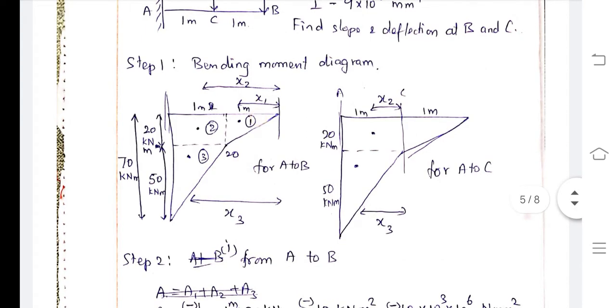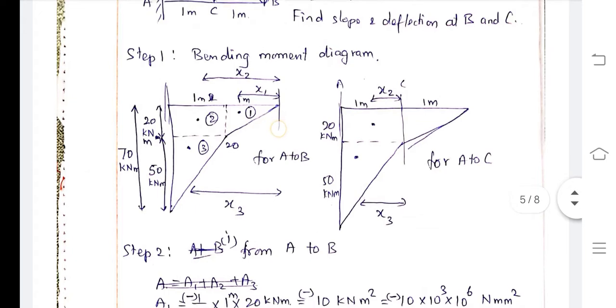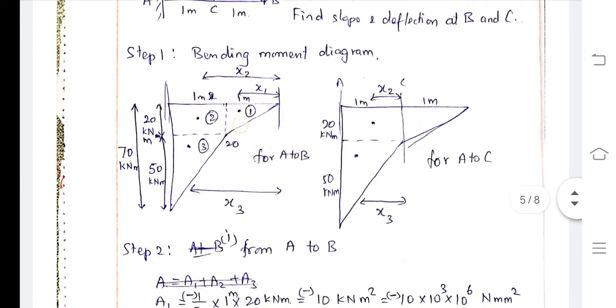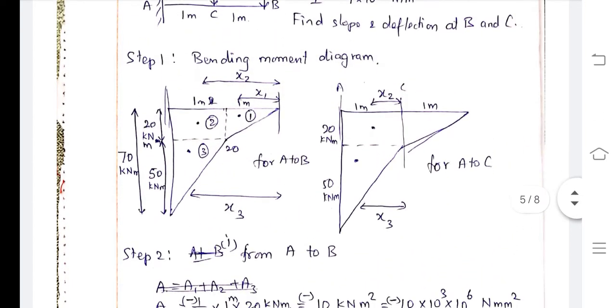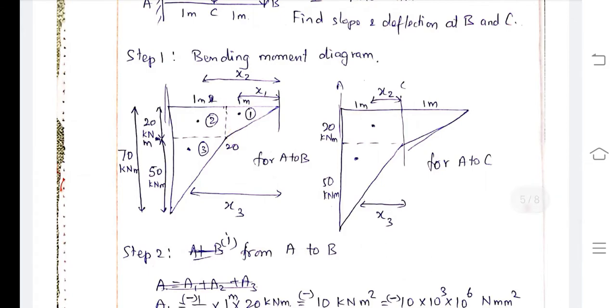For this, first we have to take the X distance from B to the corresponding CG points: for the 1 it is X1, for the 2 it is X2, and for the 3 it is X3.